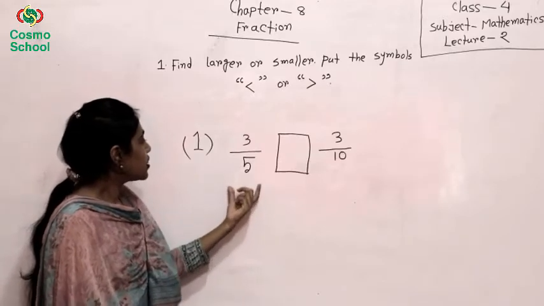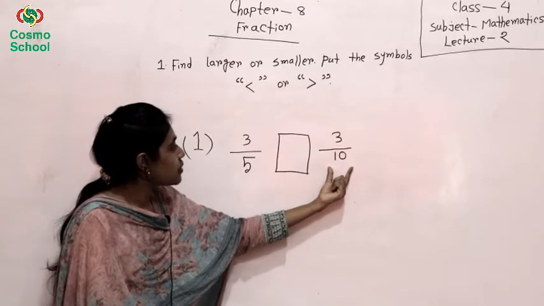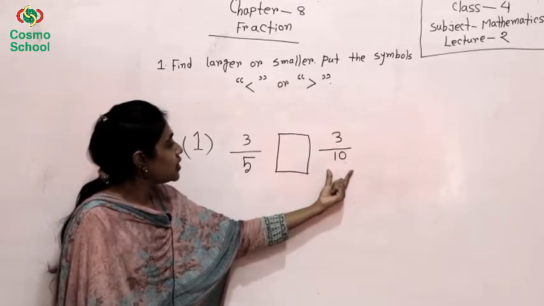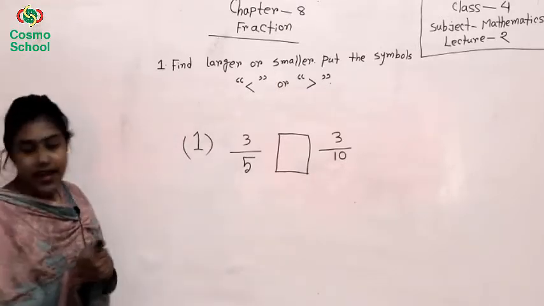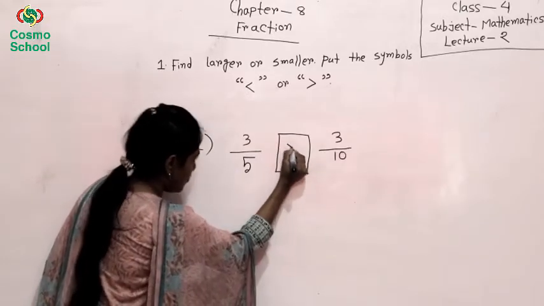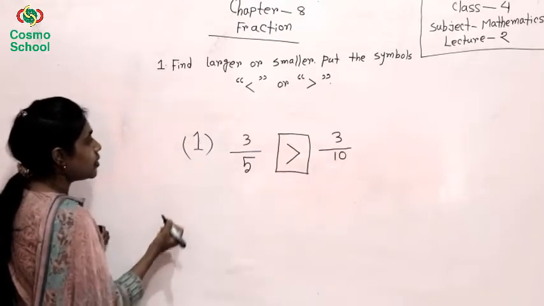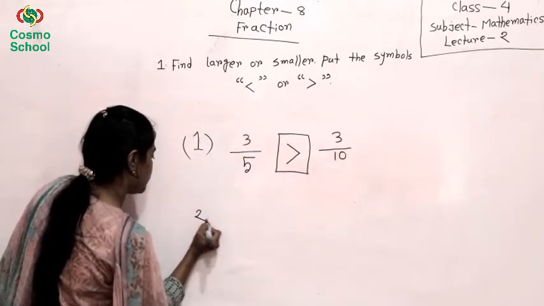The first fraction's denominator is 5 and the second fraction's denominator is 10. Now I can use the larger than sign.